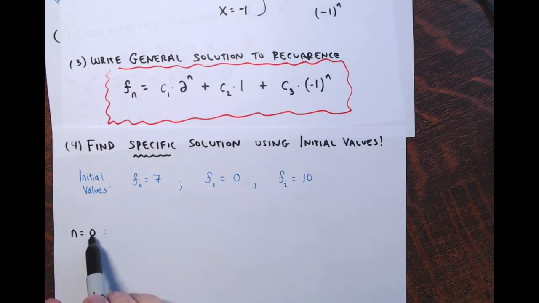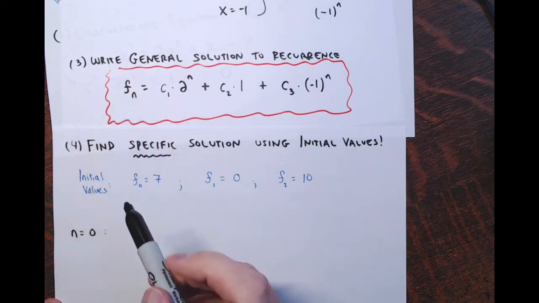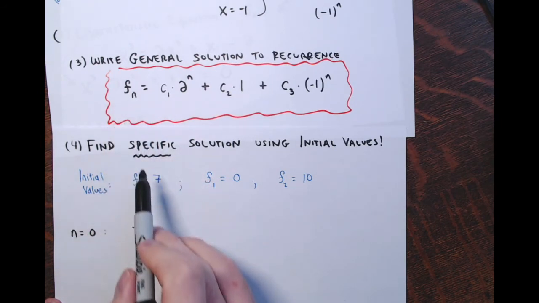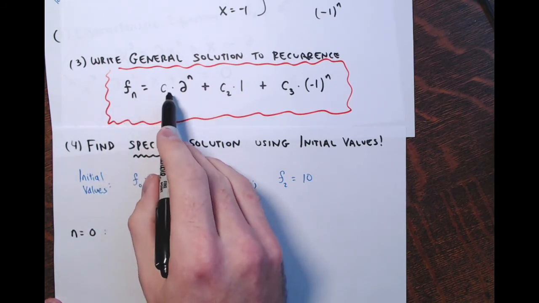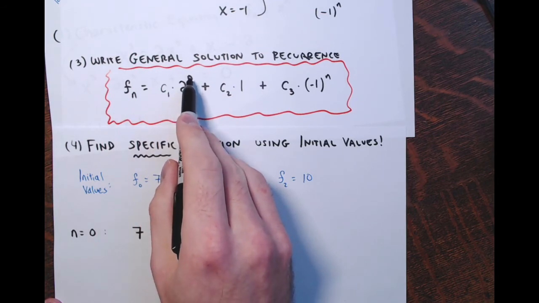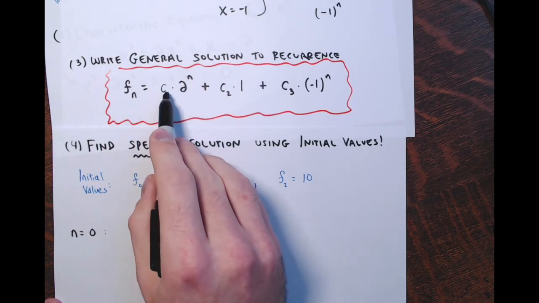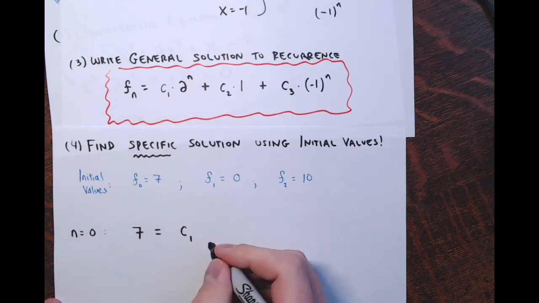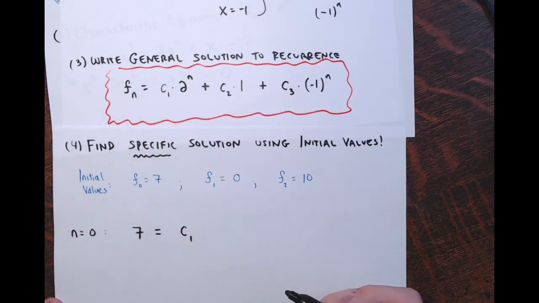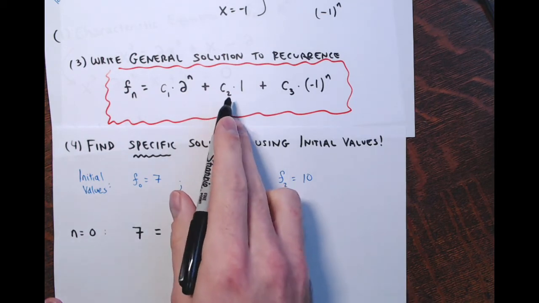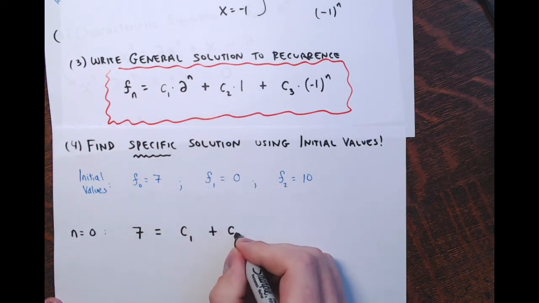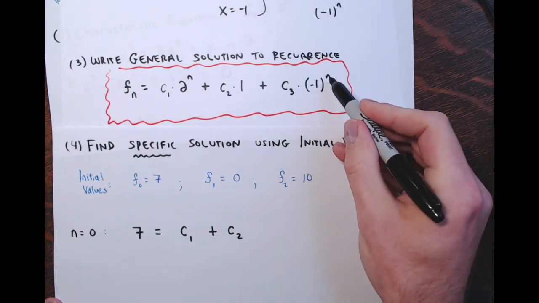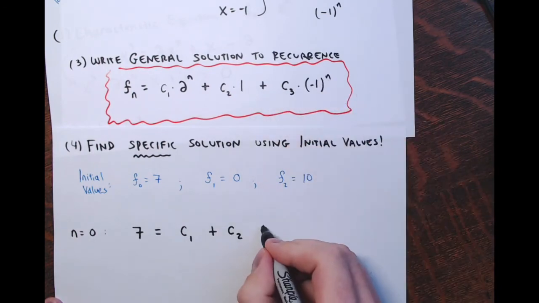So when n equals 0, the left side is going to be 7, because F0 is 7, equals C1 times 2 to the 0, but that's just C1, because anything to the 0 power is 1, plus C2 times 1, so plus C2, and then negative 1 to the 0 is also 1, so then plus C3.